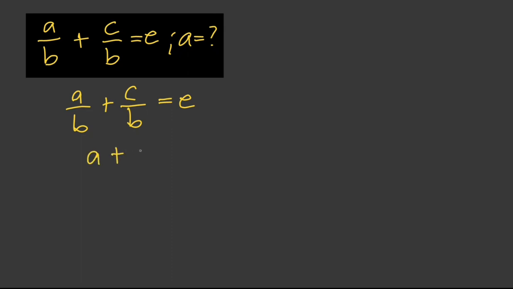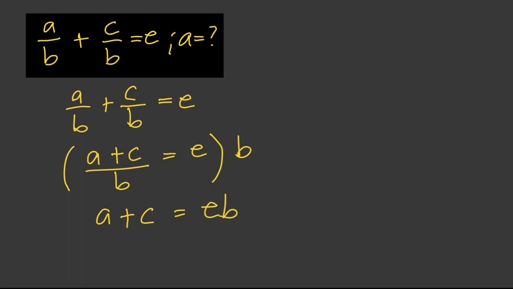So we can write that as a plus c over b equals e. So we are interested in a, solving for a, so we can multiply both sides by b. So that would be a plus c equals eb.